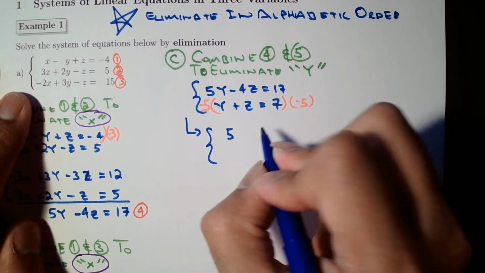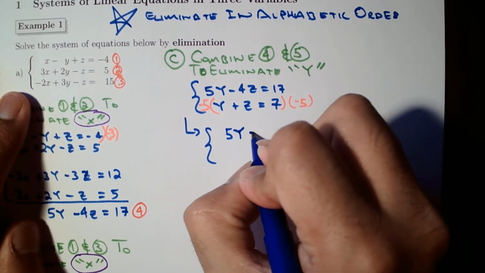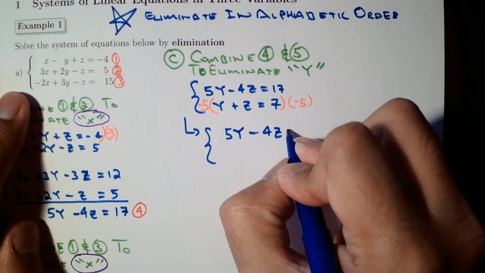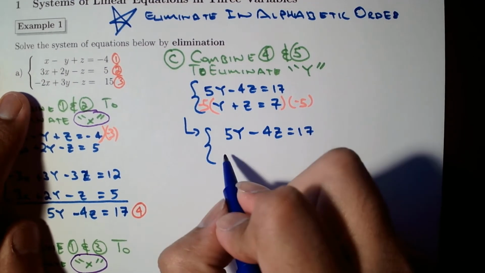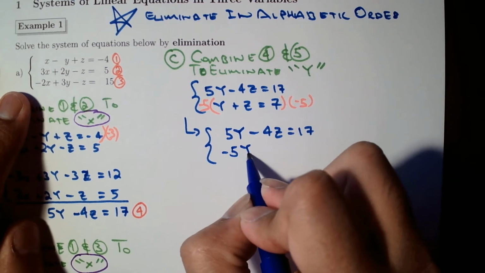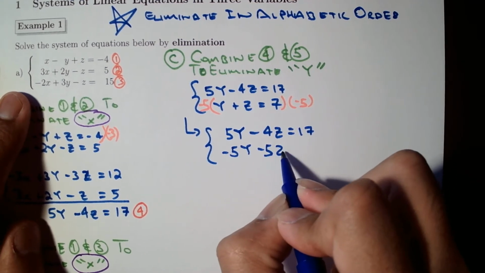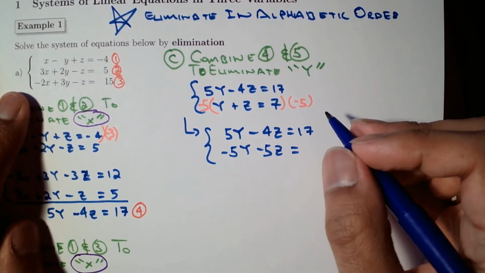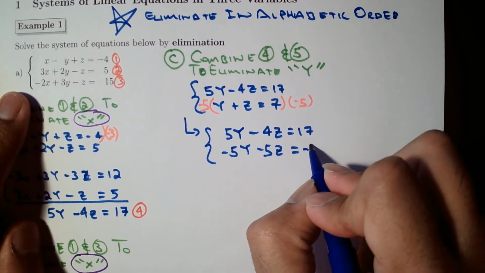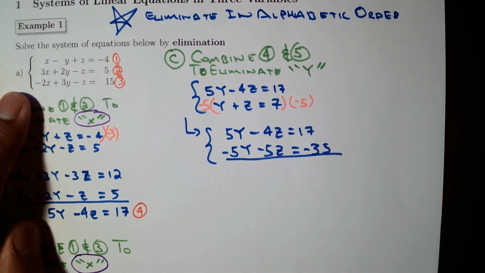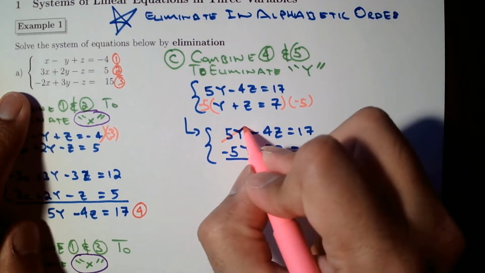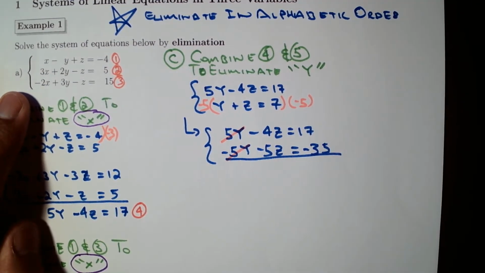So the first equation remains the same, 5y minus 4z equals 17. The second equation becomes negative 5y minus 5z equals negative 35. Alright, now we are ready to combine these two equations together, in which the y's are going to get eliminated.